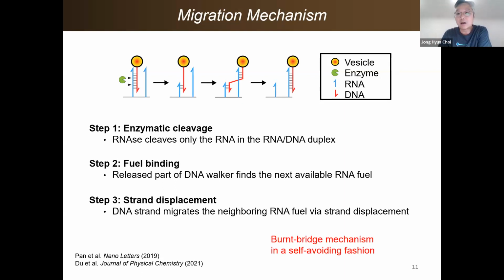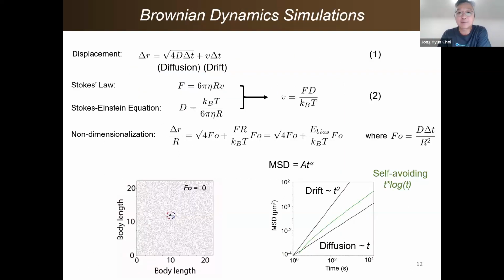You can think of it as a self-avoiding random walk. If you run stochastic Brownian dynamics simulations as a function of time, this is actually the Fourier number, which is defined by the diffusion coefficient, time, and particle radius. Physically speaking, this gives you the idea of a dimensionless time.